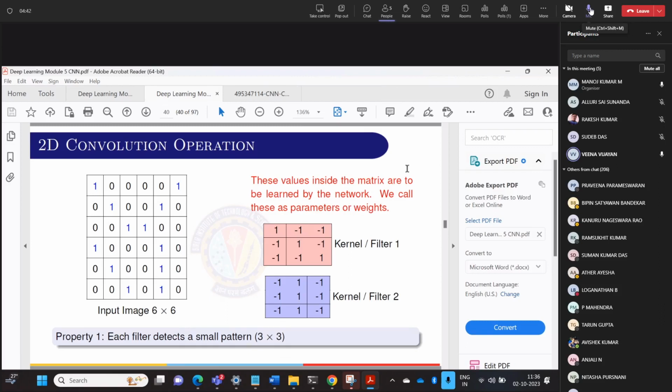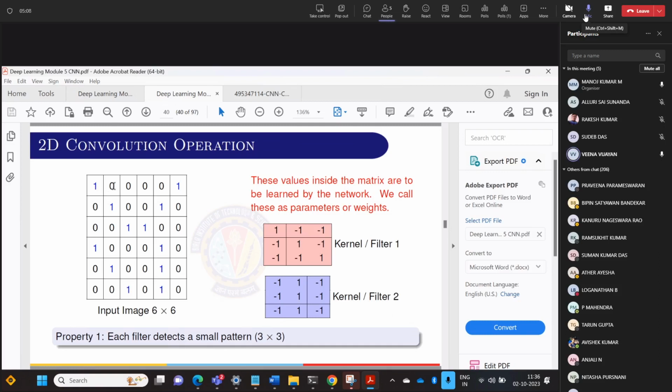So we will get an image, which will be a matrix. If it is a 2D, it will have the 6 by 6 structure, like how the matrix is organized. And if it is a 3D where RGB images are there, you will get three sets of matrix.